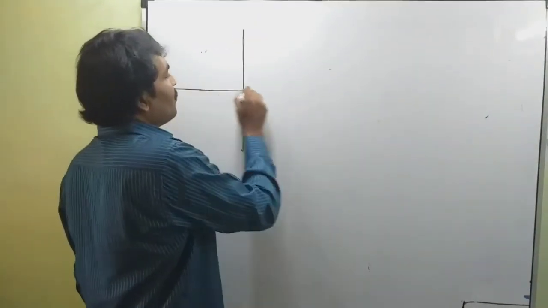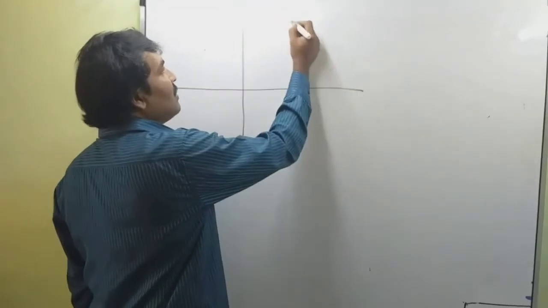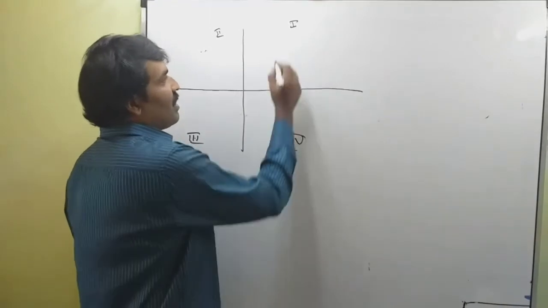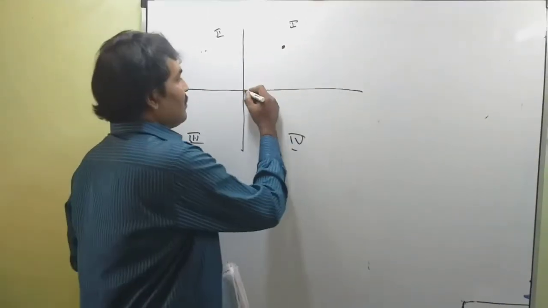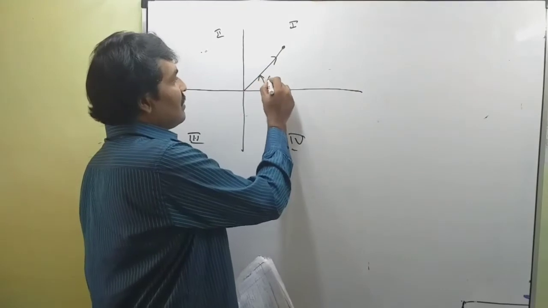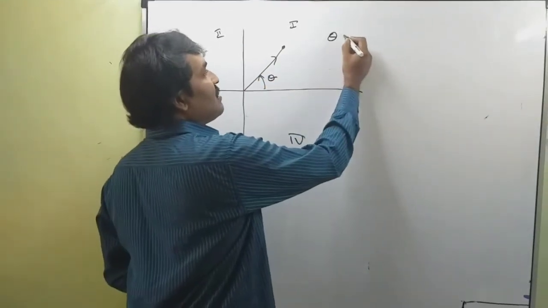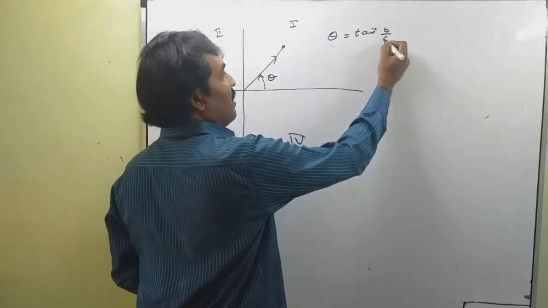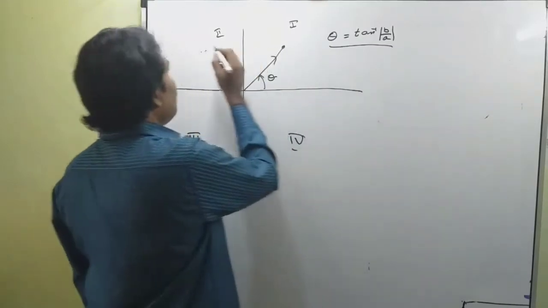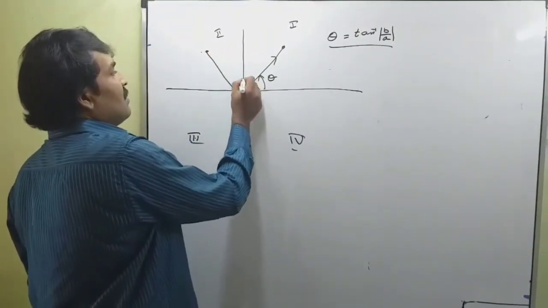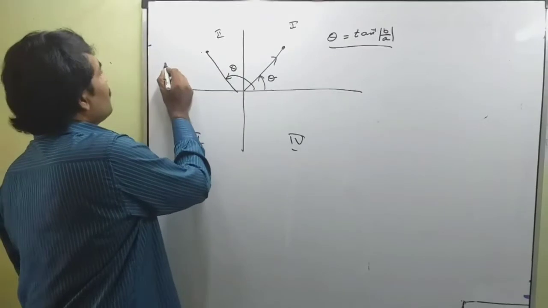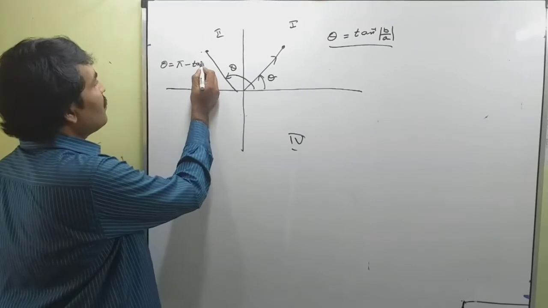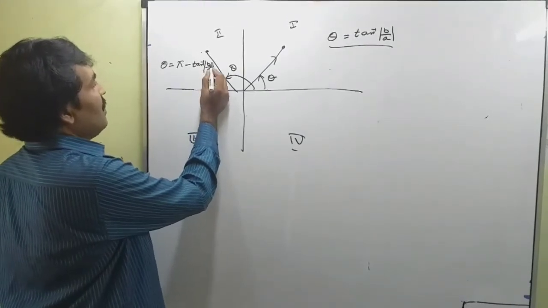So we have 4 quadrants: first quadrant, second quadrant, third quadrant and fourth quadrant. If the point is in the first quadrant, then this is theta. Argument of z, that is theta, is equal to tan inverse b by a. If theta is in the second quadrant, then theta is equal to pi minus tan inverse mod b by a.